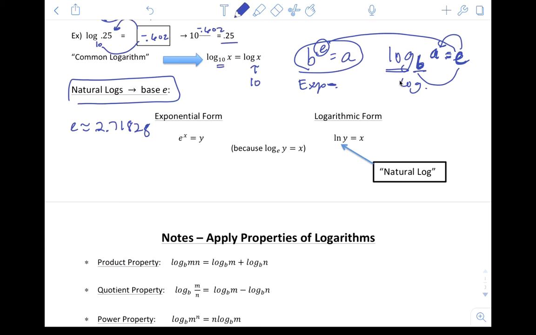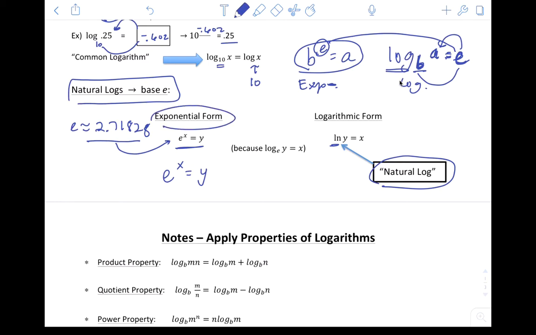So here's what I need you to know. Natural log, right there, is the ln on your calculator. It is the logarithmic form of the exponential form when the base is e, when the base is 2.71828.